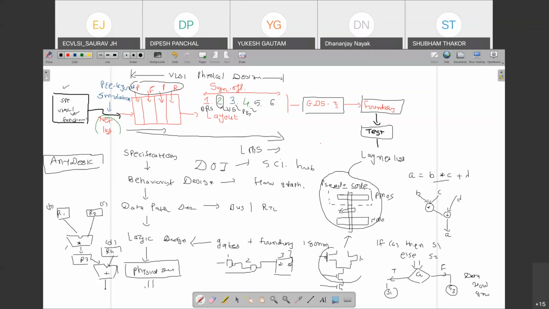Sci-Hub, Science Hub. Or you can type Science Hub in Google. You will get the first or second link where you have to enter the DOI and you can freely download the PDF. Because of copyright issues, I cannot give you the PDF of any book, but I give you the process where you can get it.